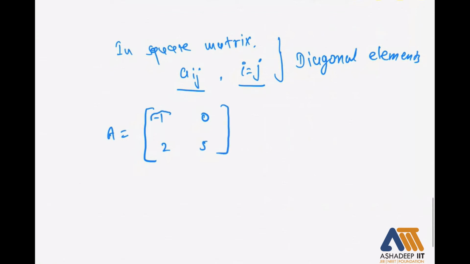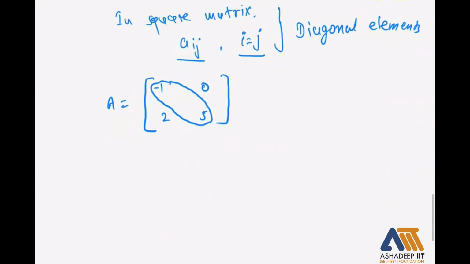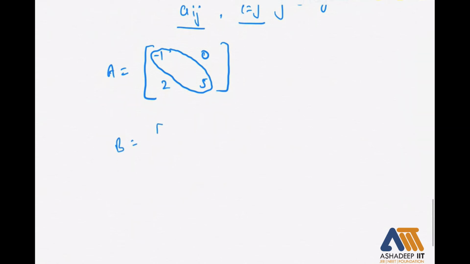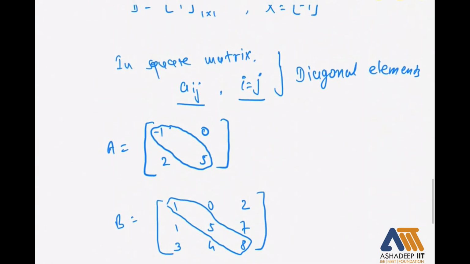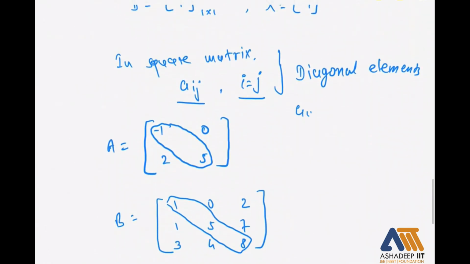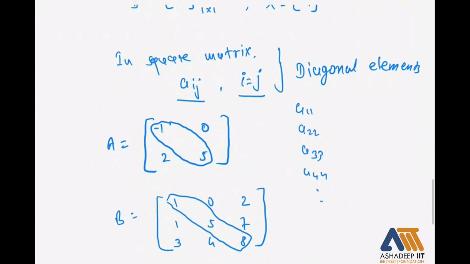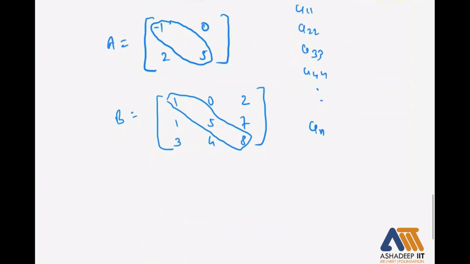Then in this matrix -1 and 5, these two are the diagonal elements and this is called the diagonal. Another, 1 0 2 1 5 7 3 4 8. So in this matrix the diagonal elements are 1, 5, 8. So the diagonal elements are A11, A22, A33, A44, like that. Similarly, the general form is Ann or Amm.